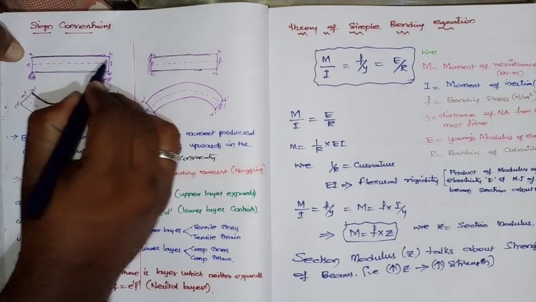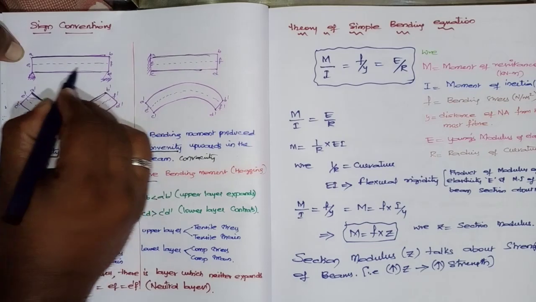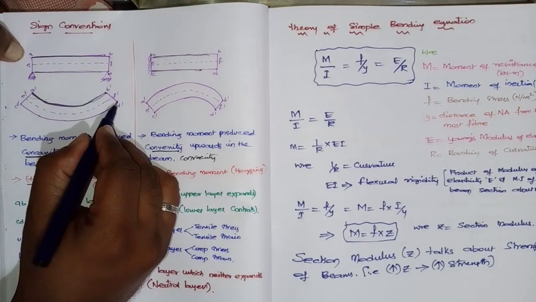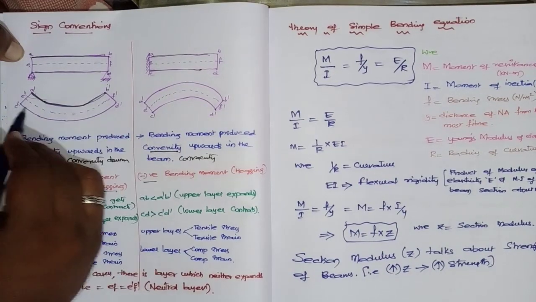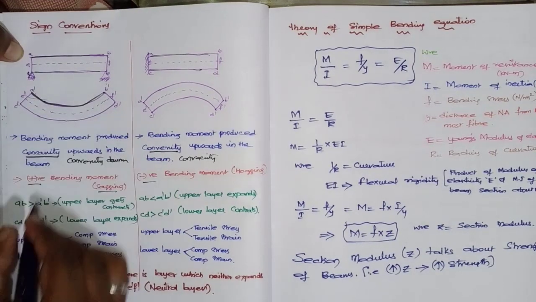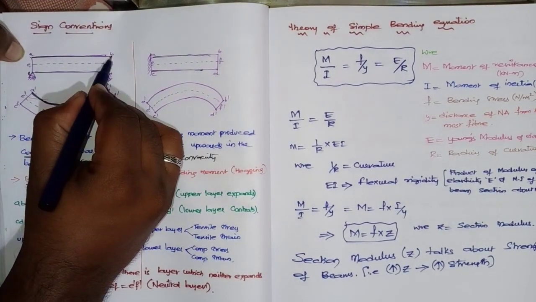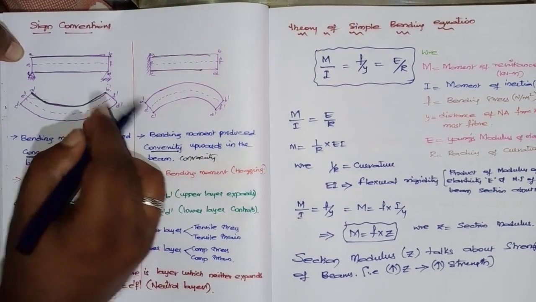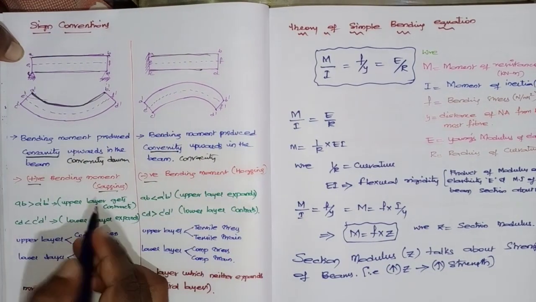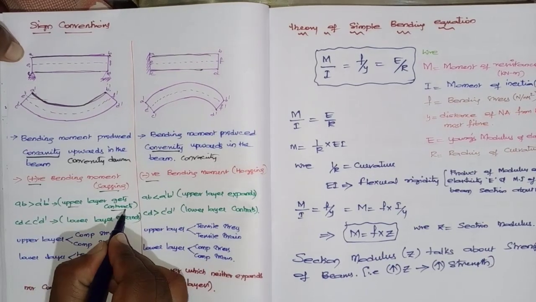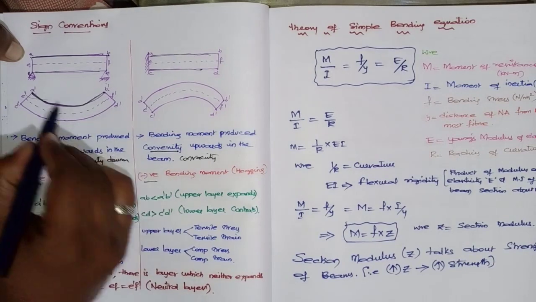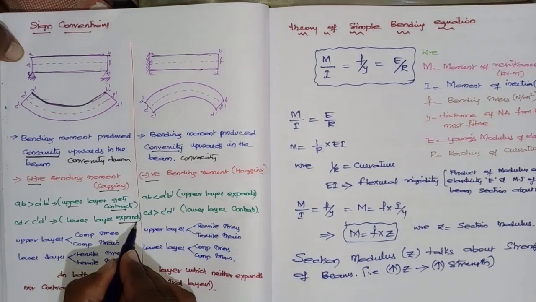And this EF is the middle of this strip, which is replaced by E dash and F dash, and A and B are replaced by A dash and B dash, and C and D are replaced by C dash and D dash. Now from this figure you can say that here AB will be greater than A dash B dash, because this extreme fiber after loading gets compressed, so the upper layer gets contracted, whereas CD will be less than C dash D dash because this portion has been expanding.